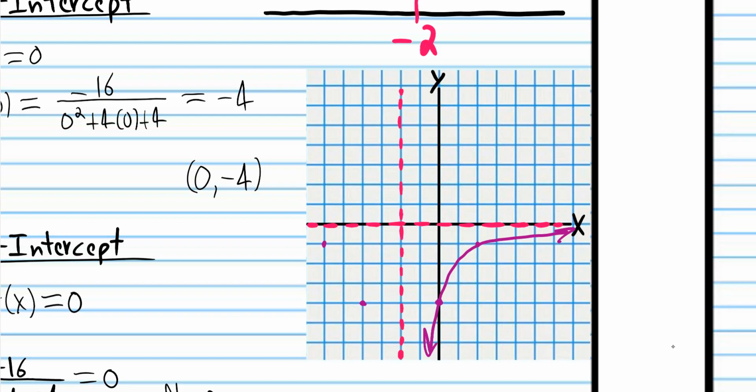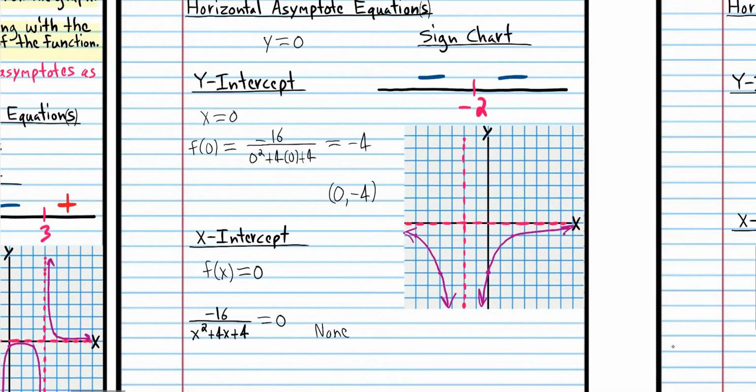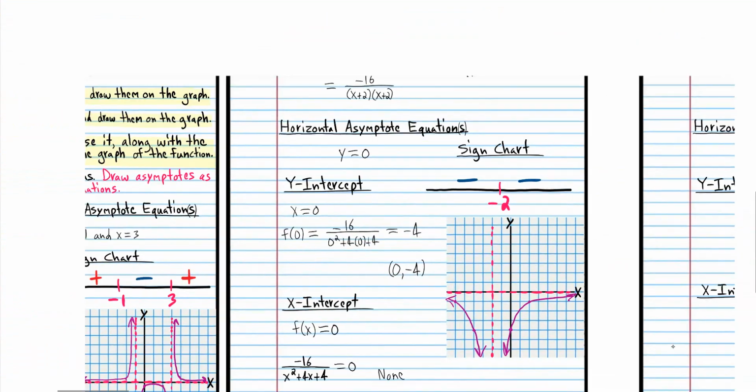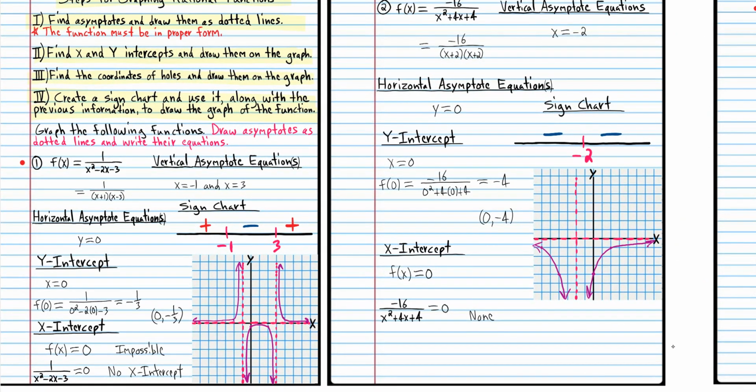So that just gives us a better idea of what the graph looks like. So there you go. Now again, you could be more accurate by plotting more points, but I'm not going to make you do that. The purpose of this is just to get the main idea, not to plot the graph perfectly.